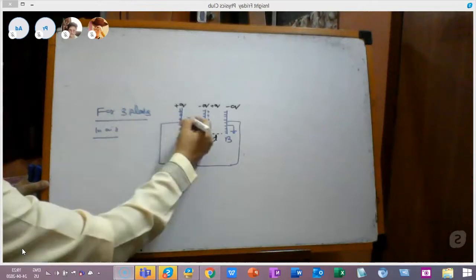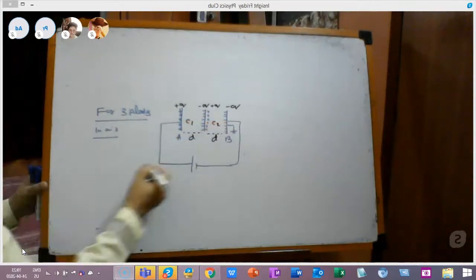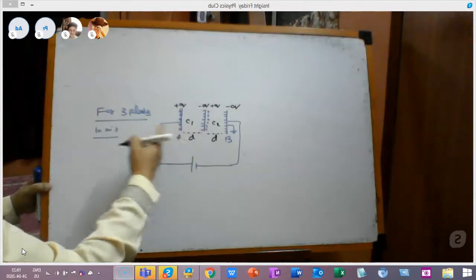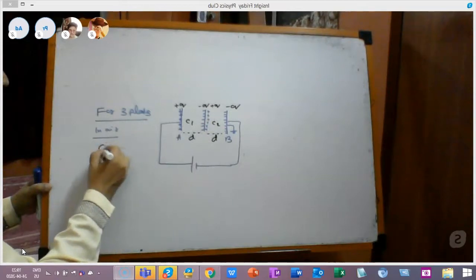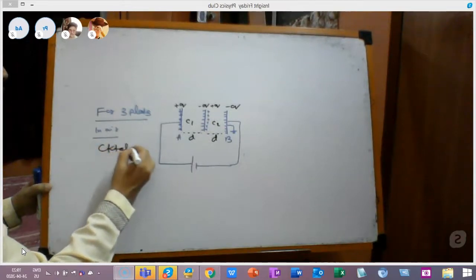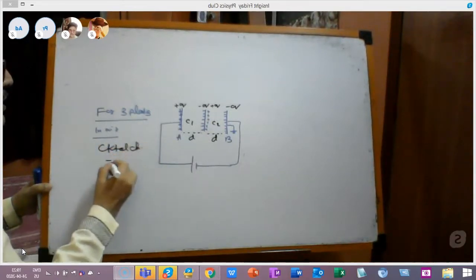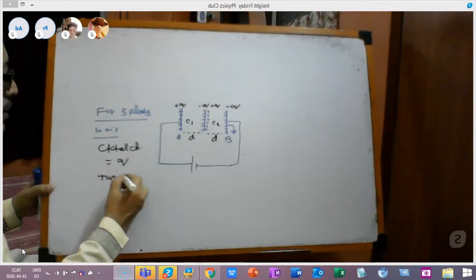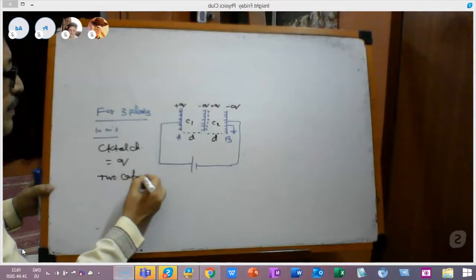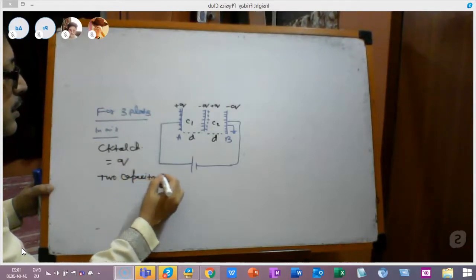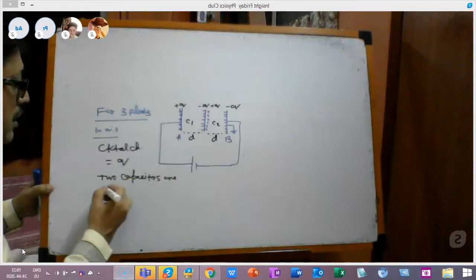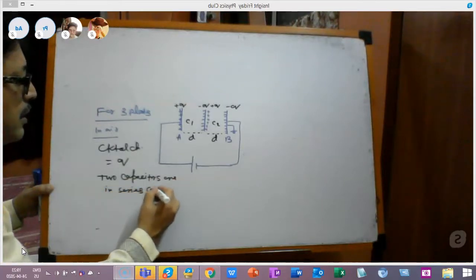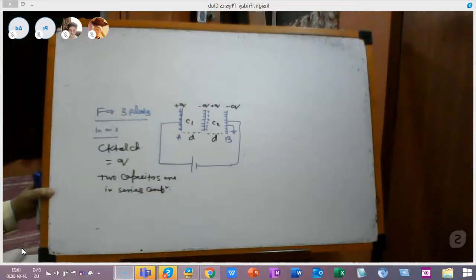These 2 capacitors are in series combination. So C1 if I take, C2 if I take, you will understand they are in series combination because they have equal charge. Here the circuitry charge is equal to Q only. The 2 capacitors are in series combination.